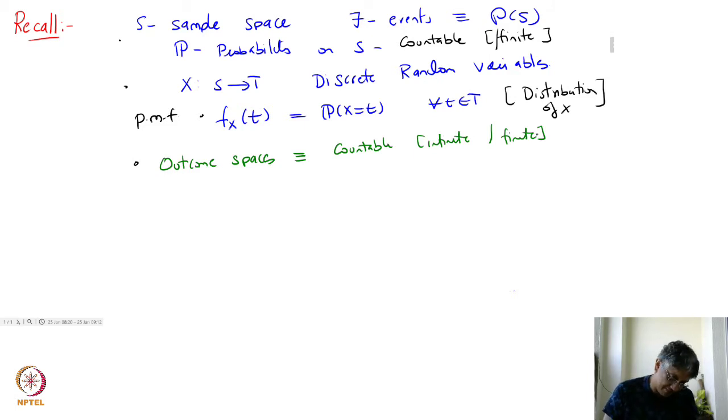We've noticed that the number of trials required for the first head was the natural numbers, a countable space, or if you roll a die, it's just finite: 1, 2, 3, 4, 5, 6.